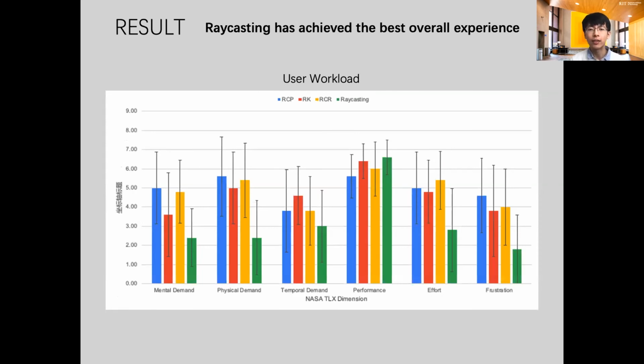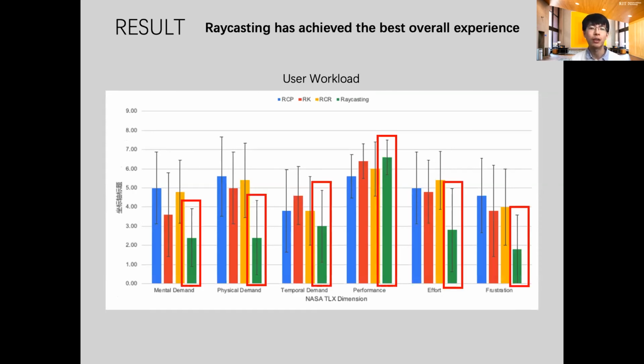We can also see similar patterns in the user workload result. However, it should be noted that about 80% of the participants had experience with HMDs and using the standard raycasting method. So in this study, we compare raycasting only as a baseline.